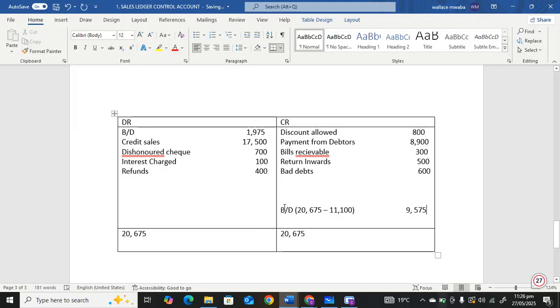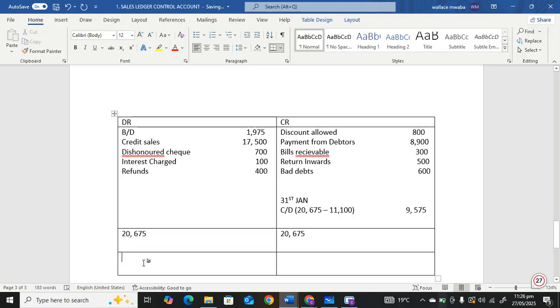Oh, yes, carried down here. So the balance carried down is at the end of the month. So if this was 31st January, let's assume this is January. So the carried down always comes at the end of the month. So it's 31st January, balance carried down 9,575.